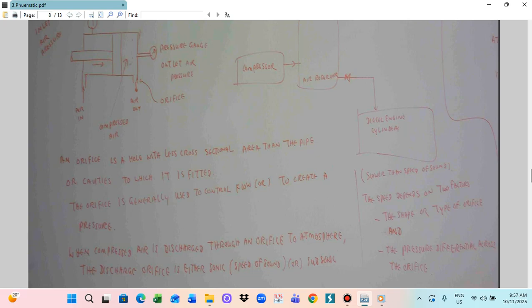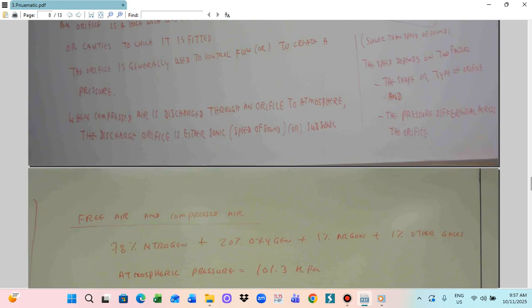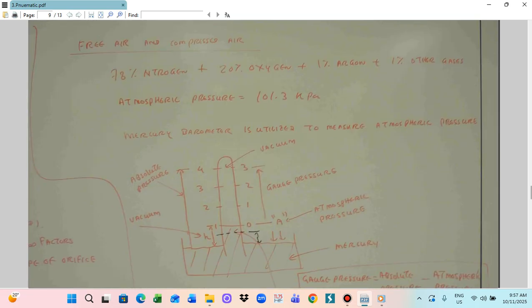Now the analysis of the air. Normally air consists of 78% nitrogen, plus 20% oxygen, plus 1% argon, plus 1% other gases.